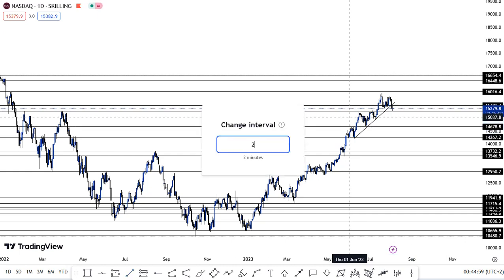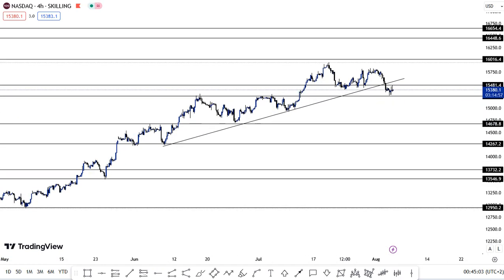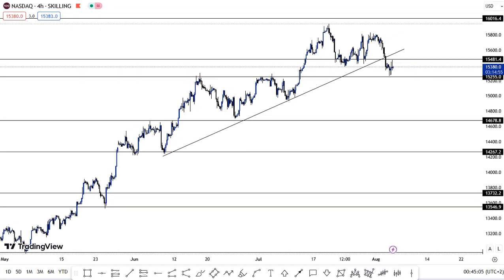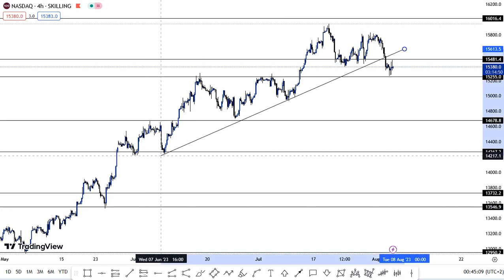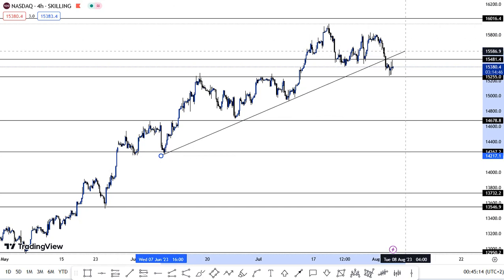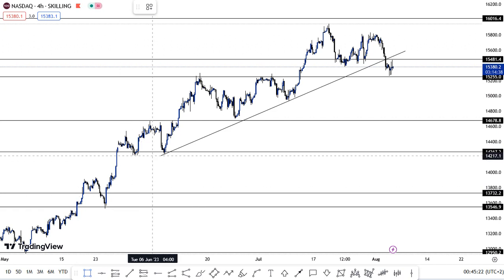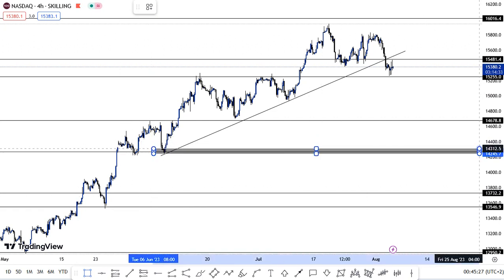So we have high possibilities of coming to this level, bruh. Here is going to be our 90% rule, which is where we can expect price to come.